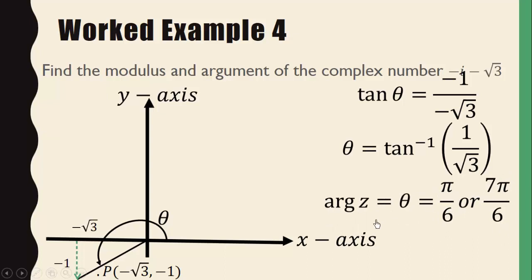Now we know that the tangent is positive in both the first quadrant and the third quadrant. So we are looking for the one in the third quadrant. This is in the first quadrant. So our correct solution is in the third quadrant, which is 7 pi on 6.